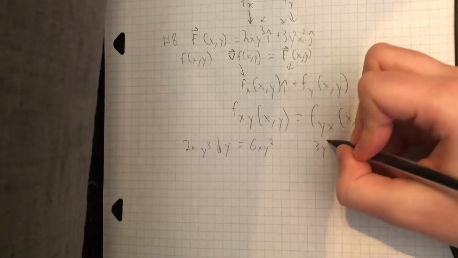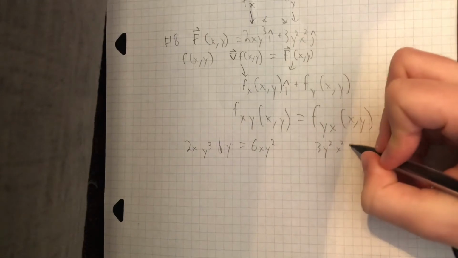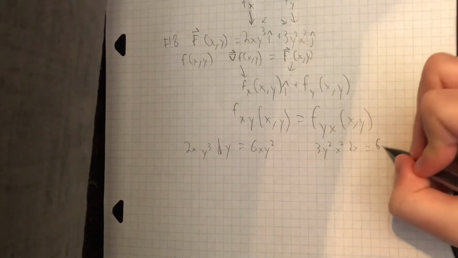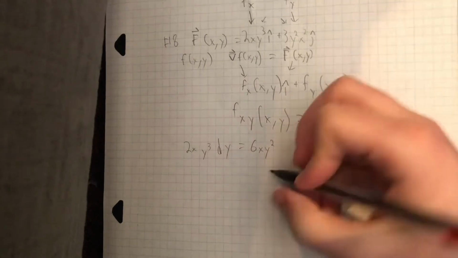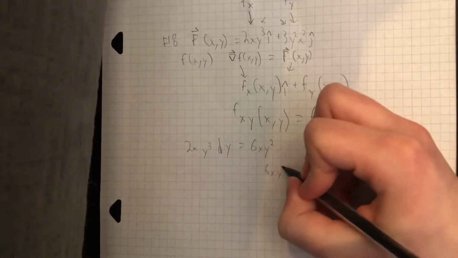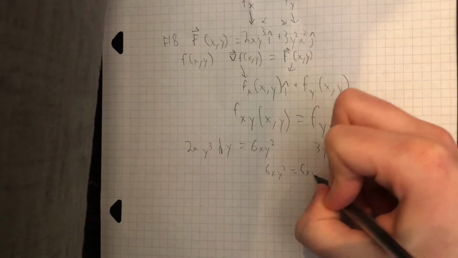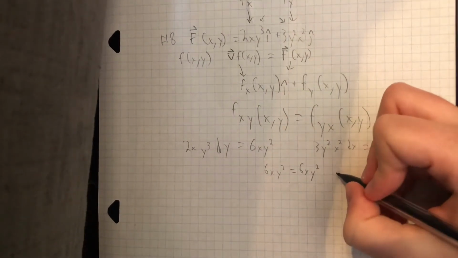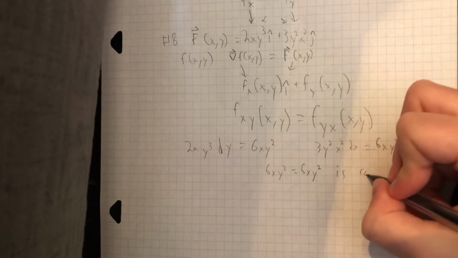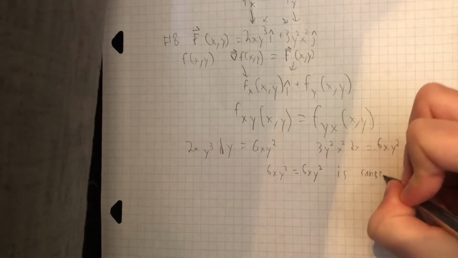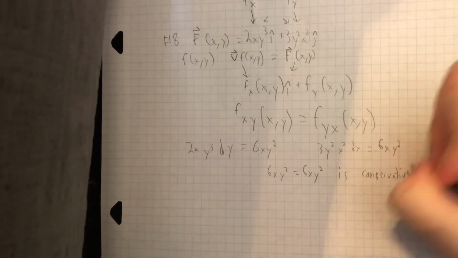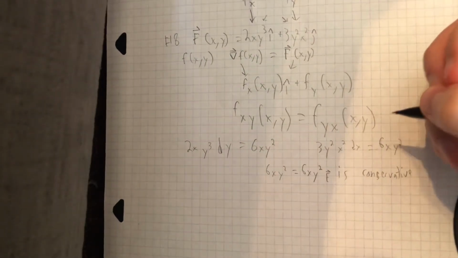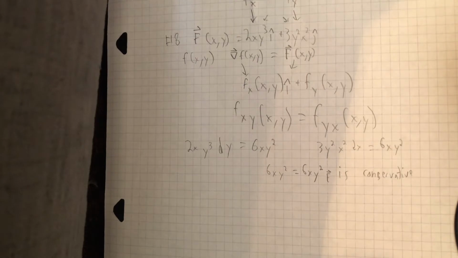So 3y squared x squared d/dx equals 6xy squared. Now, is 6xy squared equal to 6xy squared? Well, yes it is, which means we immediately know that this vector field is conservative. So that's the first half of the problem done. F is conservative. Now we need to find a potential function for it.